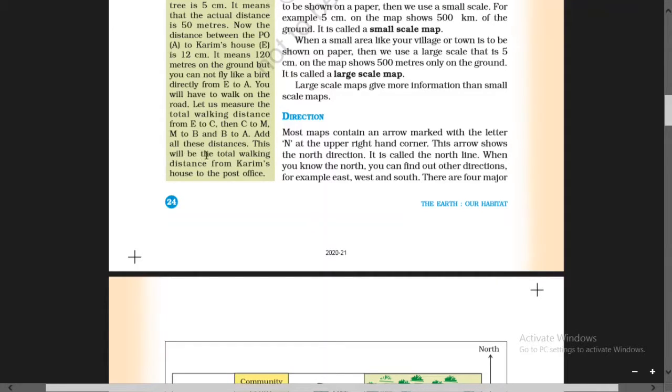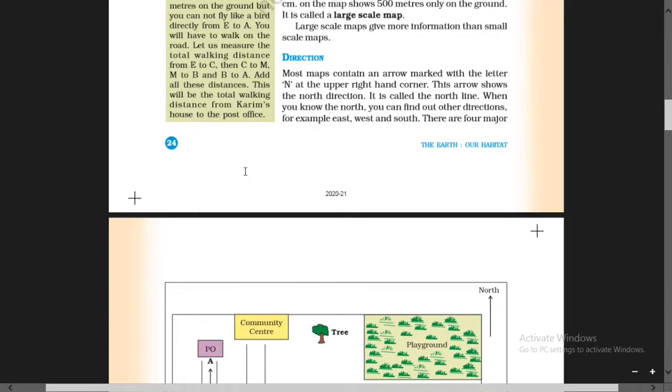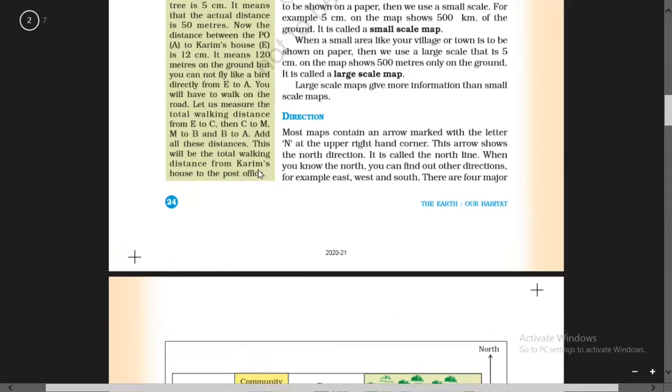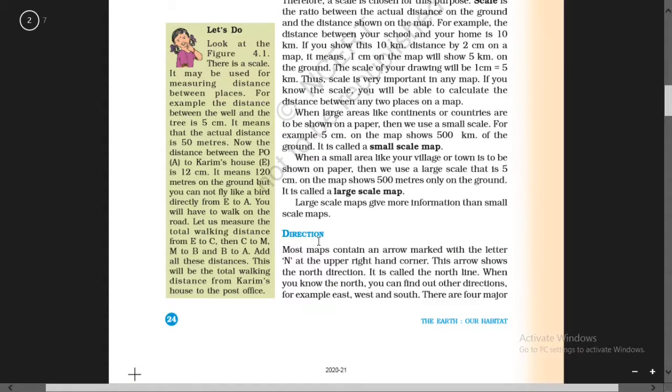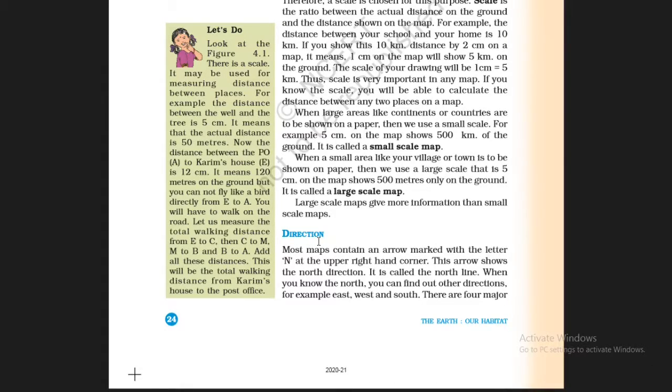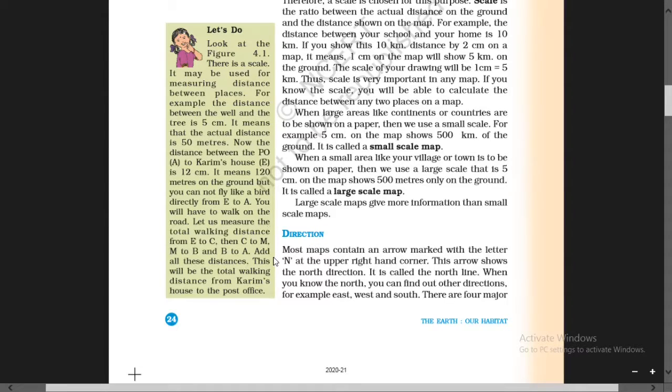After totaling it, this will be the total walking distance from Karim's house to the post office. PO means post office, boys.